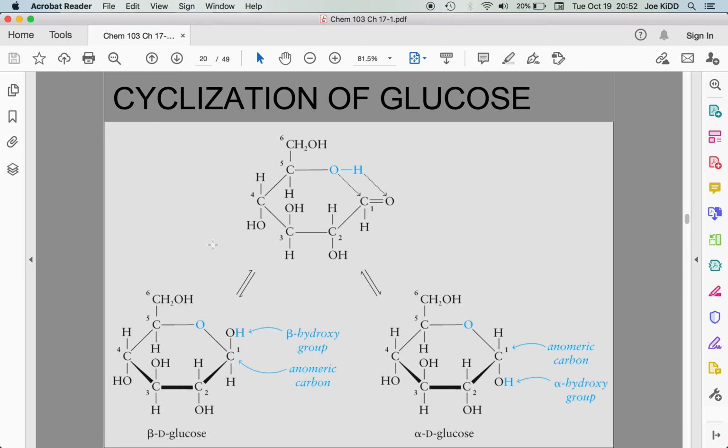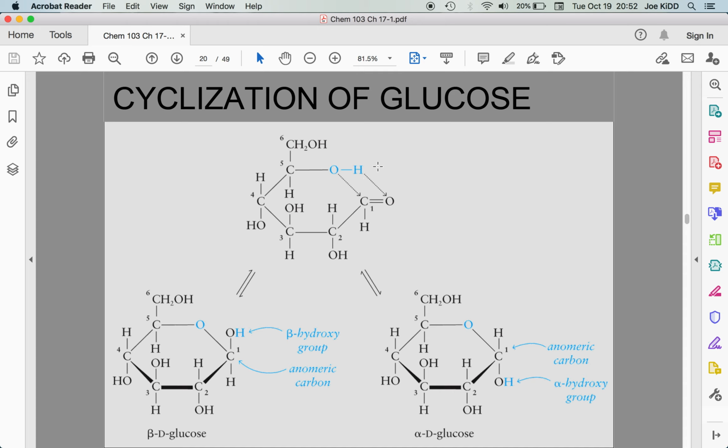So how does this cyclization occur? This is how your textbook goes about describing it. I have a few slides after this that might be a little more clear. So if we look at, starting here at carbon 1, here is the aldehyde portion of our carbohydrate. And then as we go down the list, carbons 2, 3, 4, 5, and 6, we can take a linear form of it and basically wrap it up on itself.